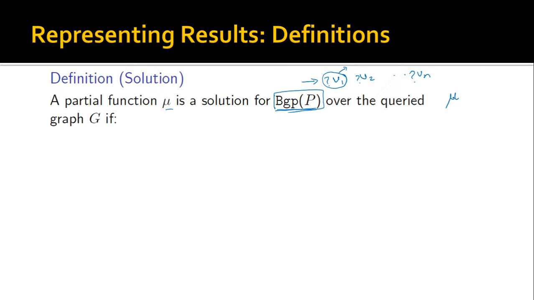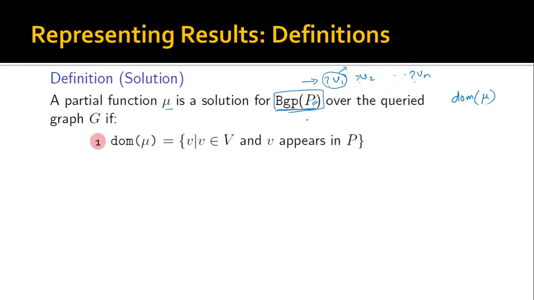And what would that set be? That set would be basically the variables that are present in P. So the domain of mu is the set of variables that appear in P, right?